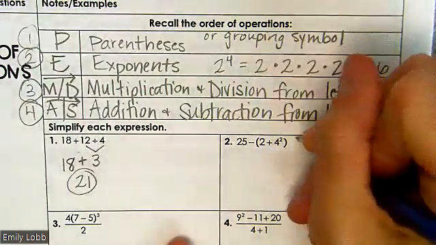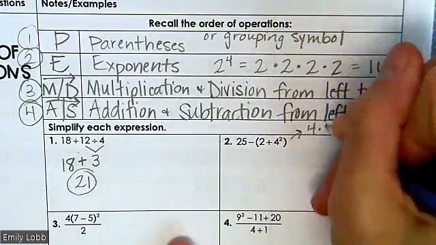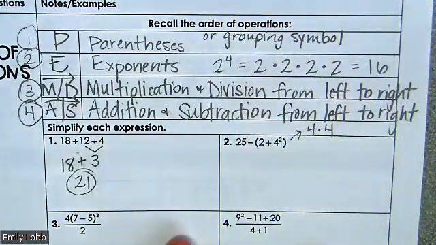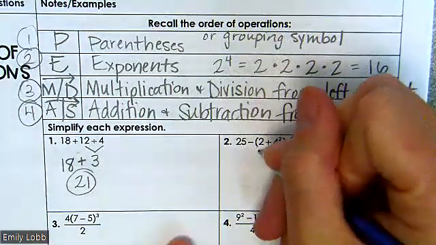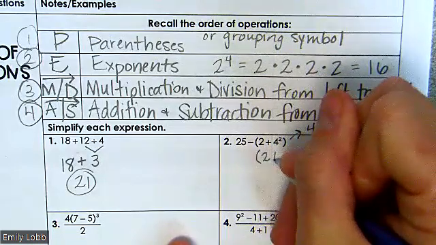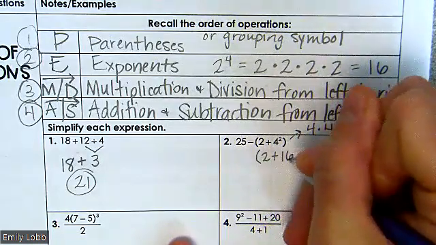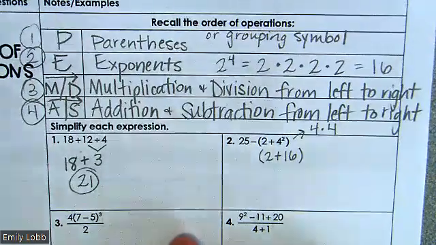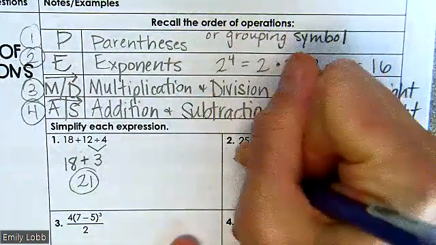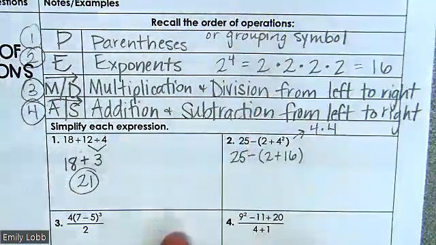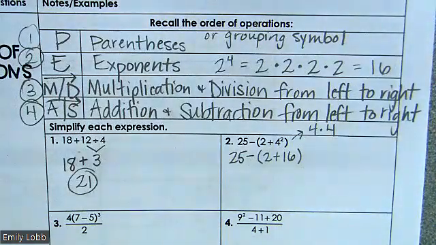No. It is 4 times 4, which is what? 16. So I'm going to go ahead and rewrite this as 2 plus 16. Then I have to bring the rest of my problem down. I'm showing all my work neatly, so I'd be sure not to mess anything up.